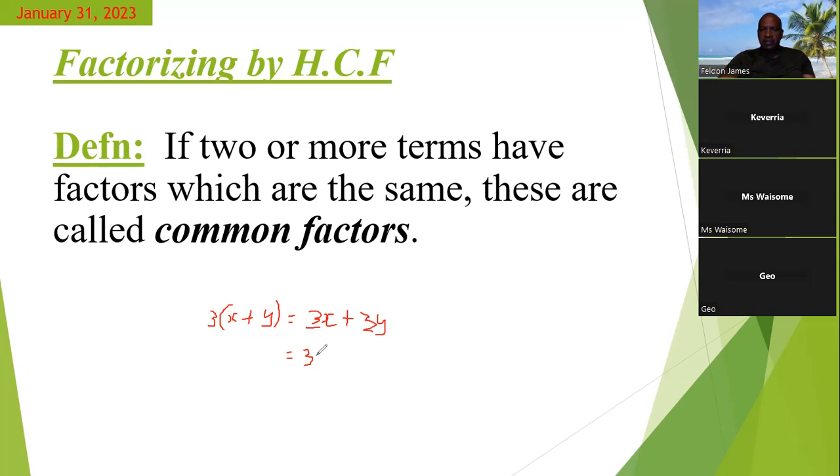So here we only have 3. We have 3 as a common factor. So we pull out 3 as the common factor. And then we open our brackets. We use this 3 to divide each of these terms. So 3x divided by 3. The 3 would cancel, leaving x. So we put x in the brackets.